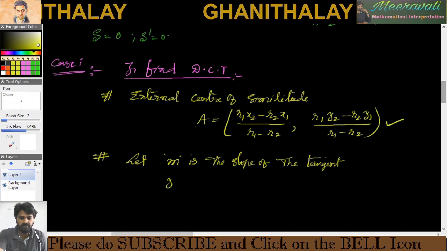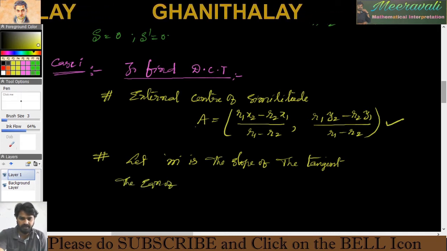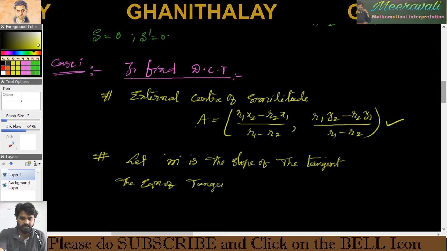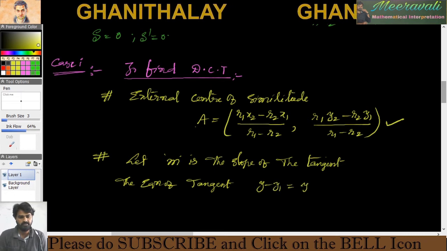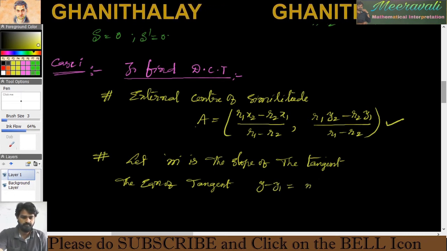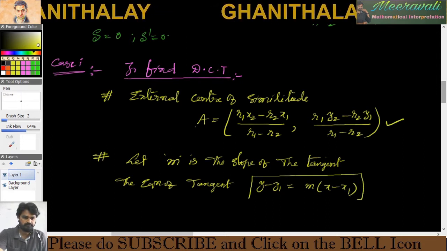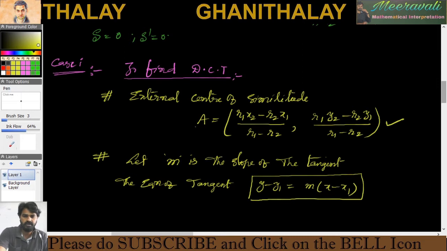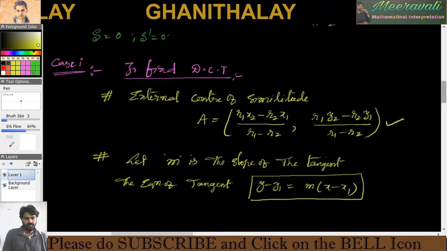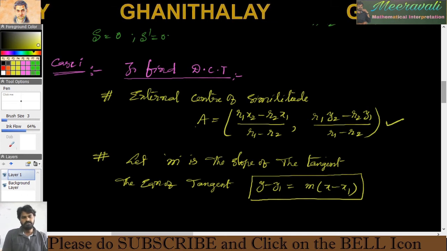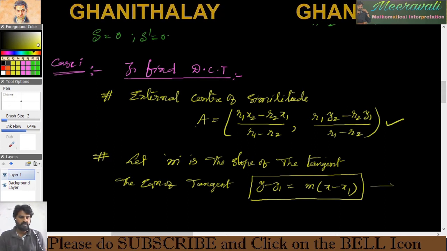The equation of the tangent can be written in point-slope form: y minus y1 is equal to m into x minus x1. So first we find the external center of similitude, and after that, taking m as the slope of the tangent, we use the slope and point form. This is our required equation.